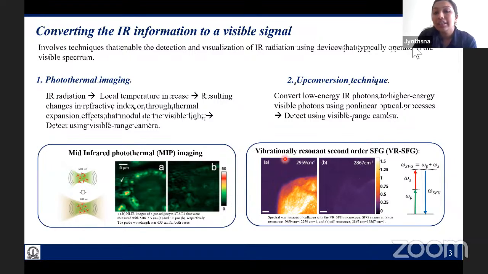This is one representative image, in which they image adipose tissue using this particular technique at on and off resonance. Another technique is to convert this IR information to visible using nonlinear optical processes. There are certain demonstrations of using sum frequency generation.